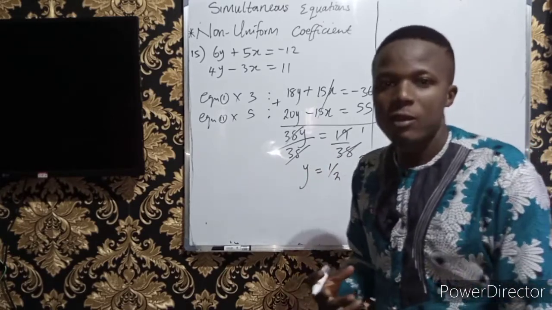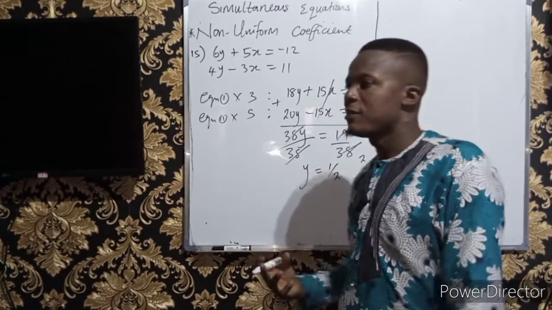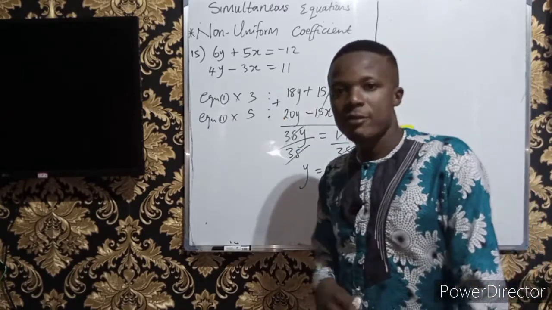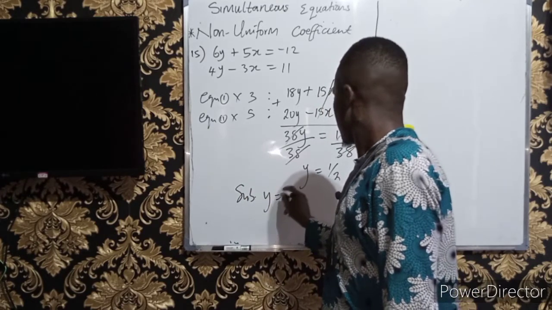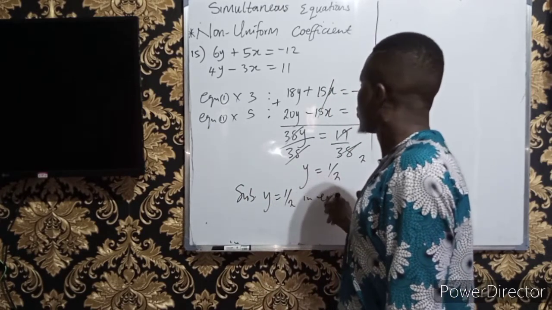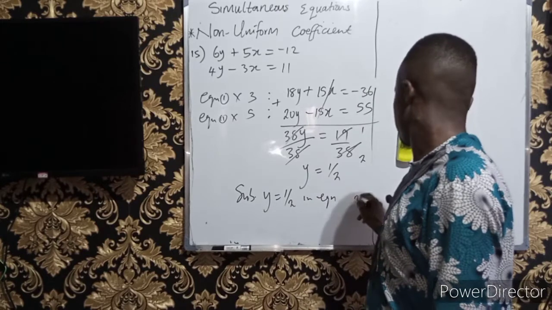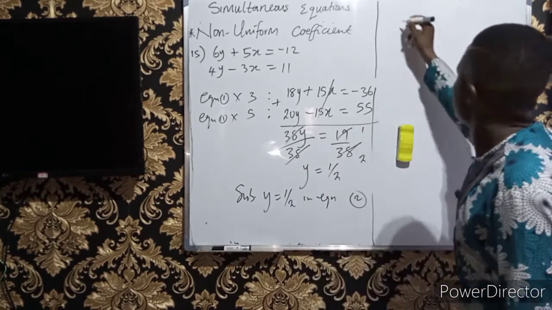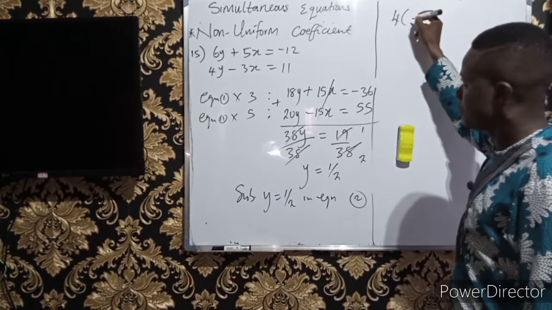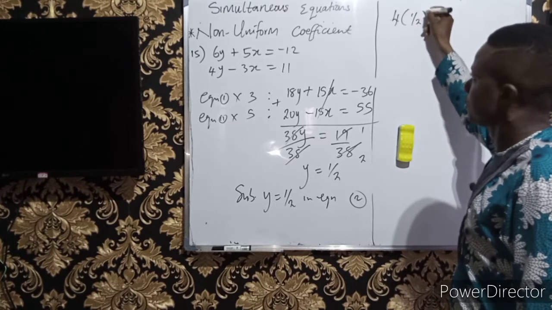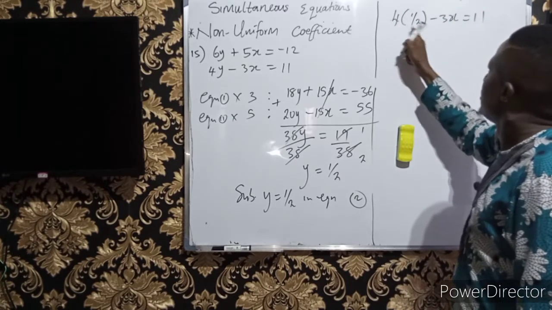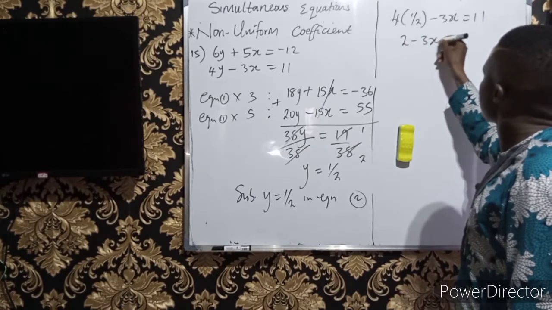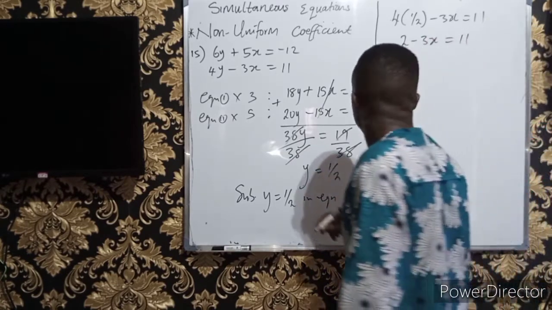So having got the value of y, you can now substitute y as half in any of the equations to get the value of x. So hence, I can say substitute y equals half in equation, let's say 2. So this is now 4 times y, so I'll put half, minus 3x equals 11. 4 times half is 2, minus 3x is 11.